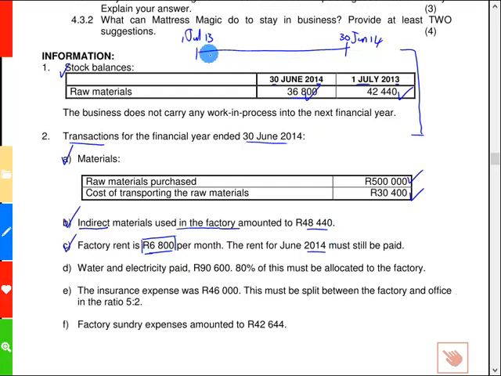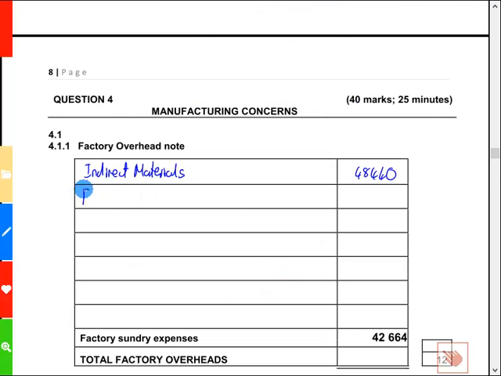How many months in the year? 12 months in the year. So the total rent for the year is going to be 6,800 times 12. That was very easy.